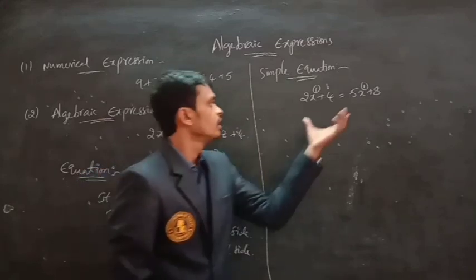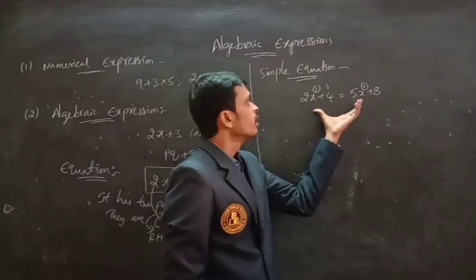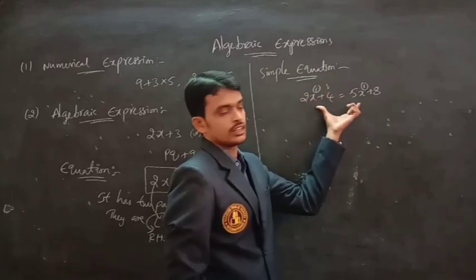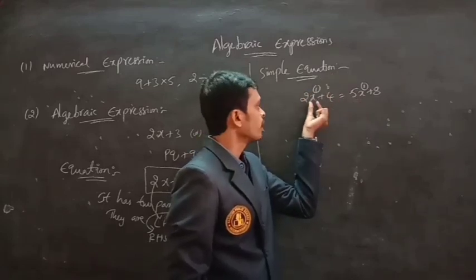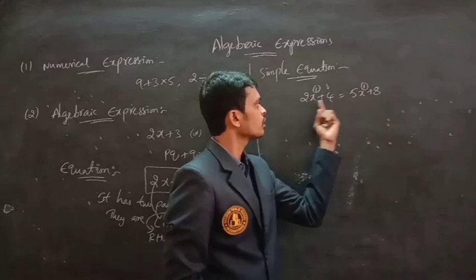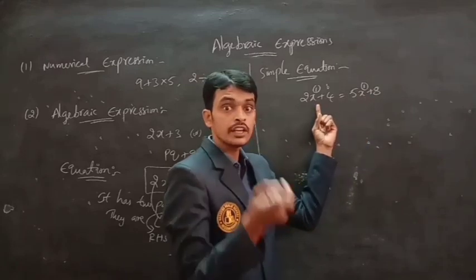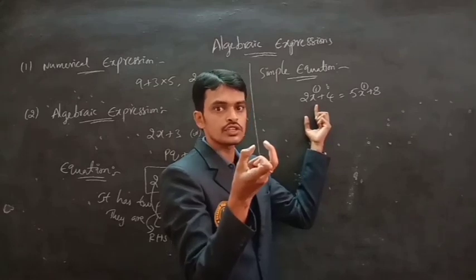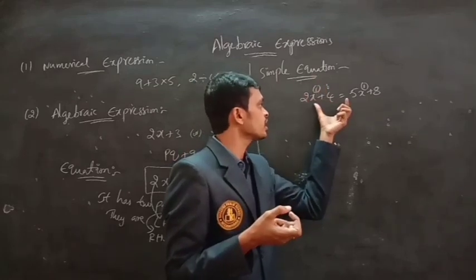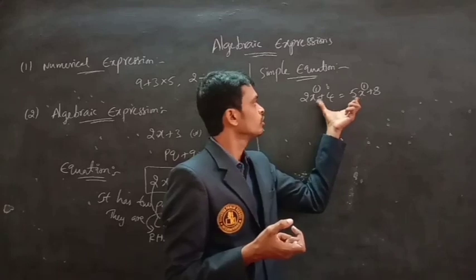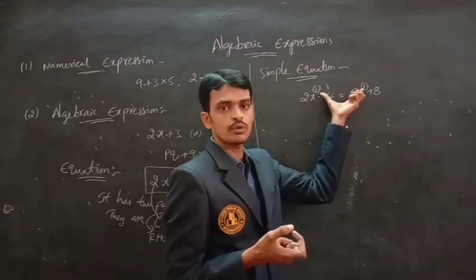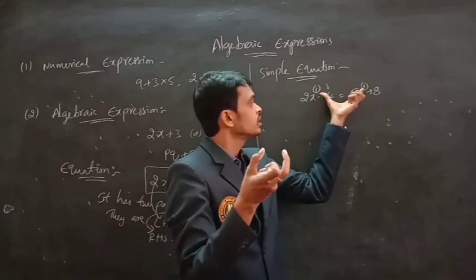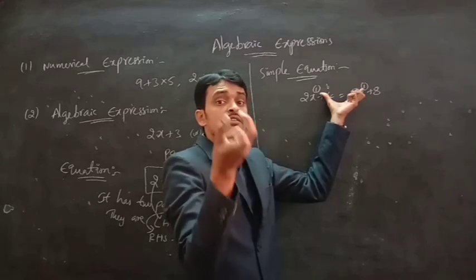Here the equation has two terms with variables, but the variable is the same, with the same exponent, that is, degree 1.